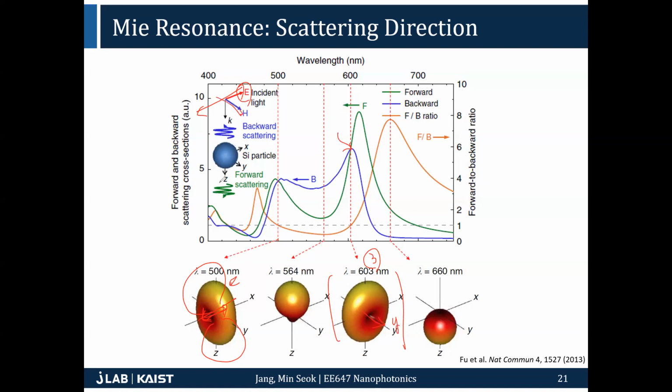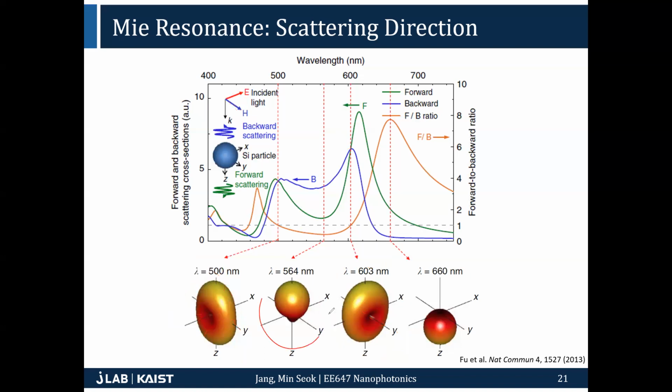The Y direction is the magnetic field direction, so this should be due to the magnetic dipole moment, the oscillating magnetic dipole, right? So this and that are at the very exact positions of the electric dipole resonance and the magnetic dipole resonance. You can also see the amplitudes are peaked at each position.